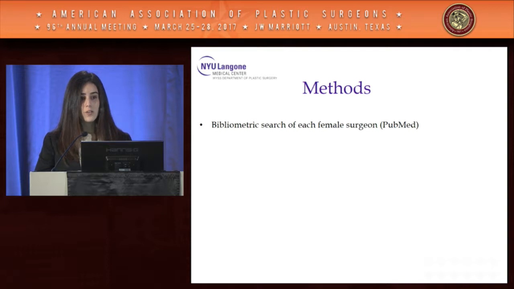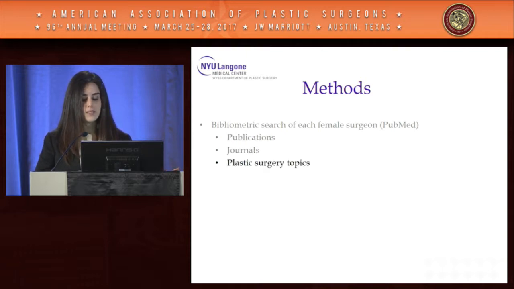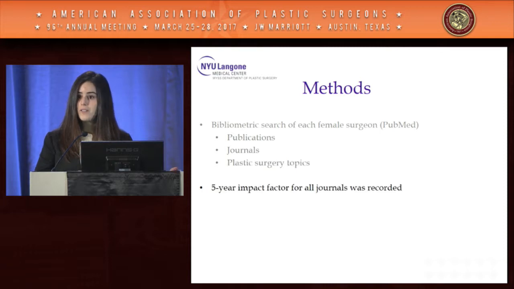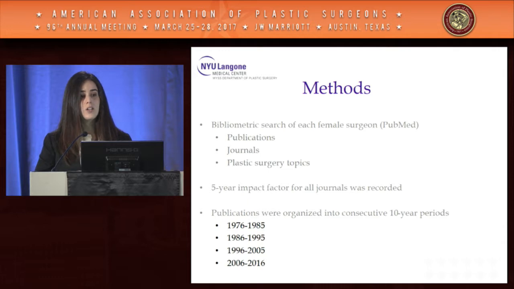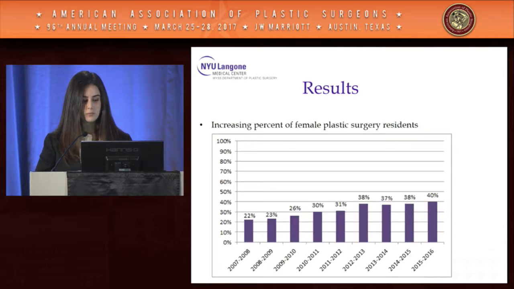And through that, we gathered the total number of articles a woman published upon completion of her training, the journals featuring her work, and plastic surgery topics that they reported on. The 5-year impact factor of all journals featuring a woman's work was recorded. And publications were grouped into consecutive 10-year periods, as shown here from 1976 through 2016.